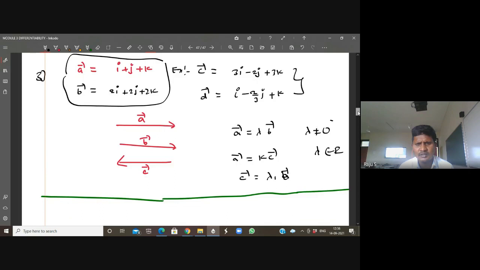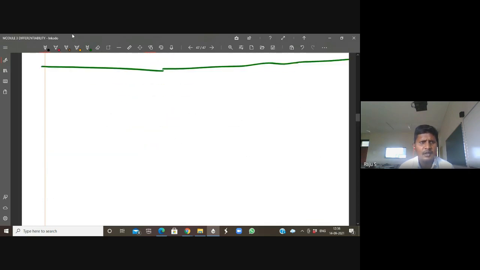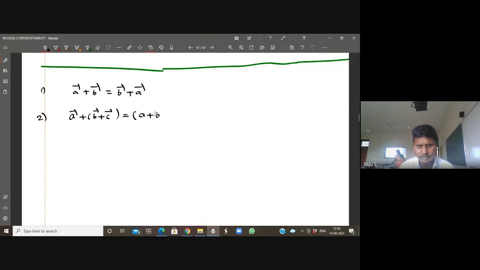Yes, vectors always satisfy the commutative property and additive basic properties. A vector plus B vector is always equal to B vector plus A vector. This is called the commutative property. Second one is A vector plus B plus C vectors can be written as A plus B plus C vector. It will satisfy the associative property.